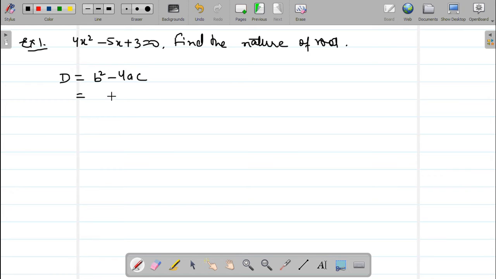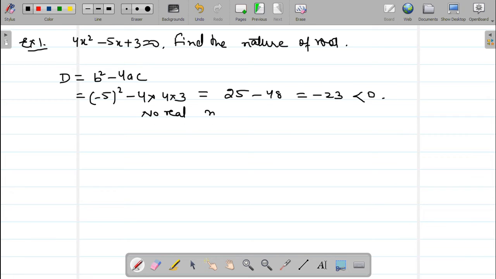So we will have minus 5 square minus 4 into 4 into 3. So I will get 25 minus 4 into 4, 16 into 3, that is 48, which is minus 23, less than 0. So simply no real roots possible.